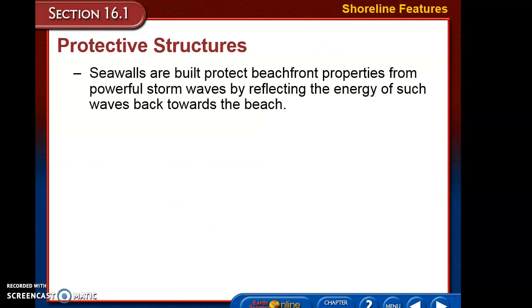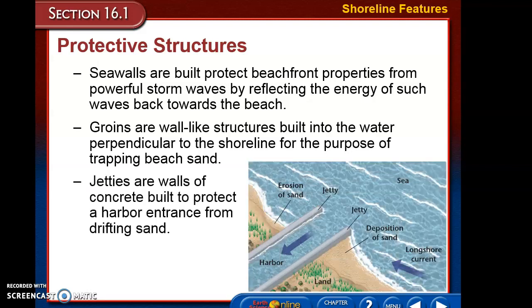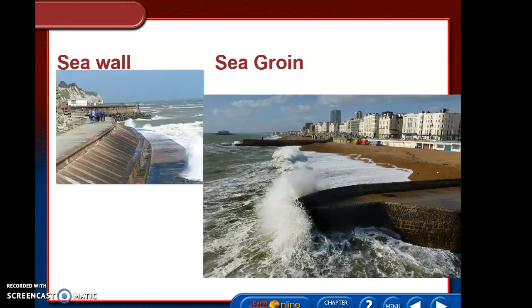You can build seawalls to protect beachfront properties. You can use something called a groin. And jetties. I got some pictures of those so you have a good idea of what they look like, and the whole idea is to keep things looking the same, keep the sand where it's at, keep the beach looking the same. But there are environmental issues with both of those.